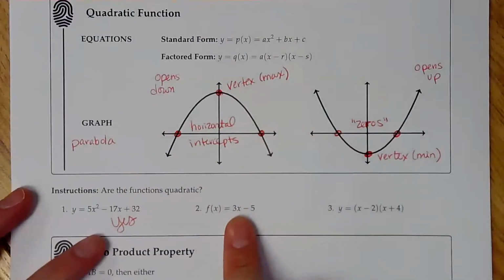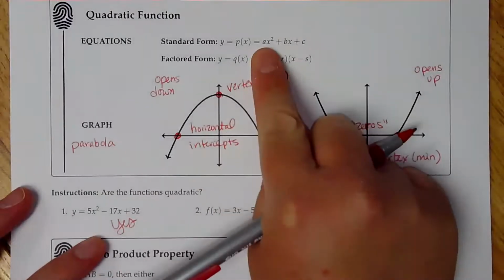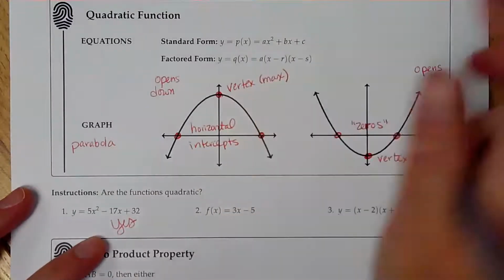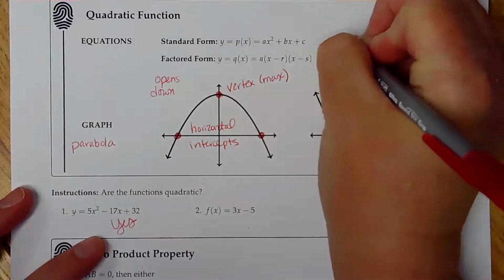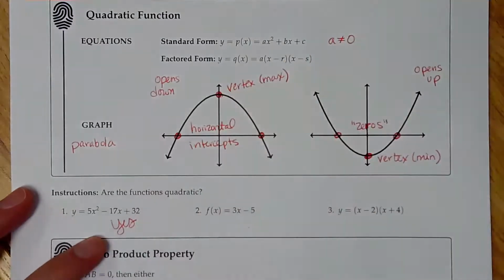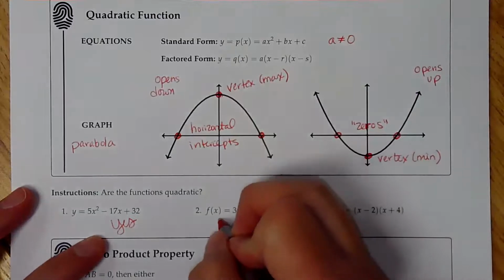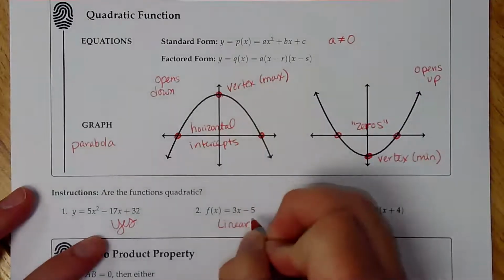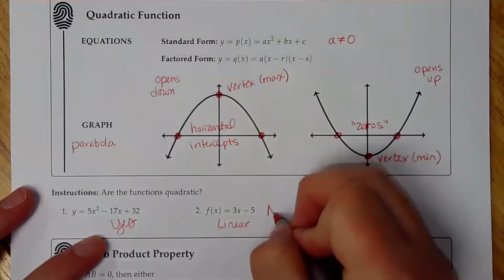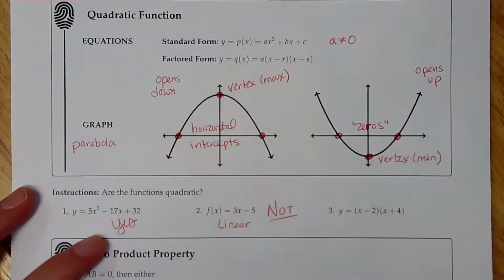Next, 3x minus 5. So we don't have an x squared here, and there is a caveat here that a cannot be 0. Okay? B can be 0 or c can be 0, but a cannot be 0. And since we don't have an x squared term here, and in fact this is linear, hopefully you recognize that from the last chapter, this is not quadratic.